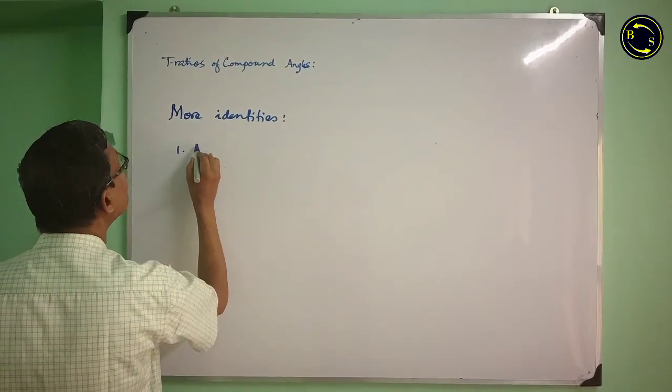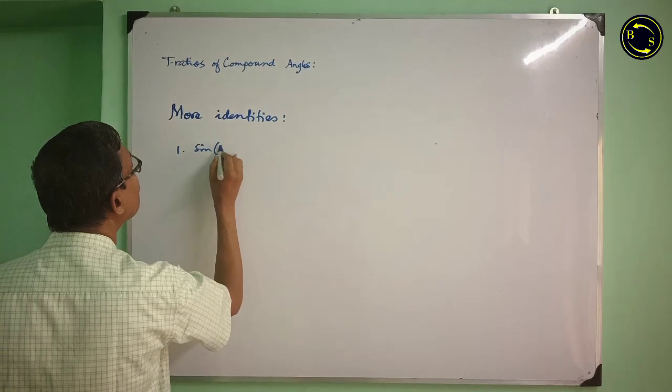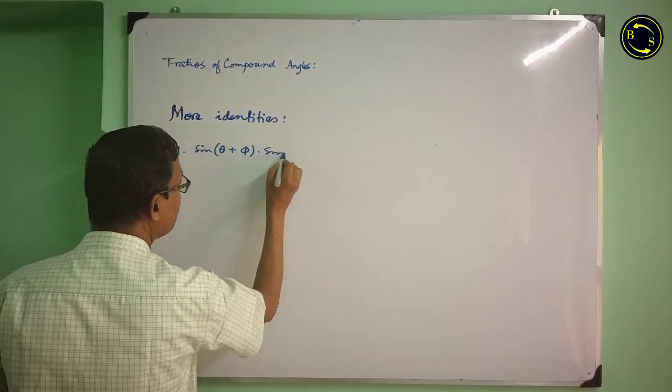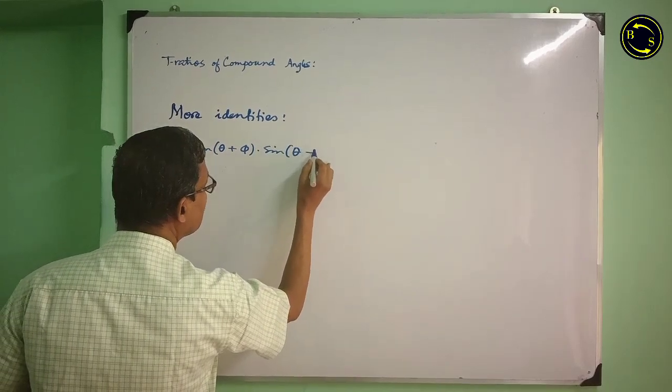Number one, sine of theta plus phi into sine of theta minus phi.